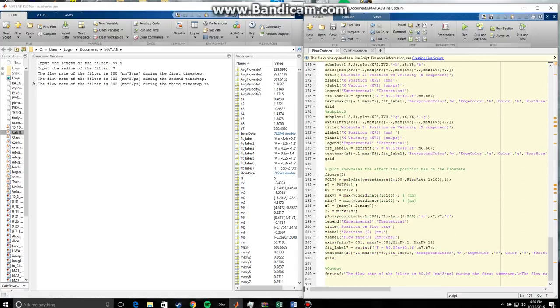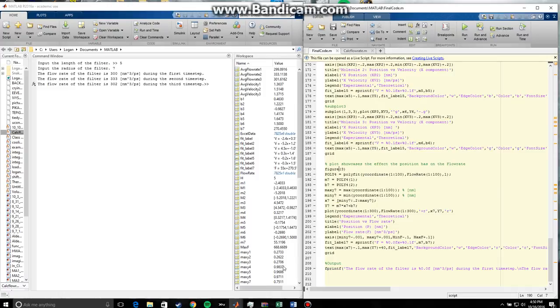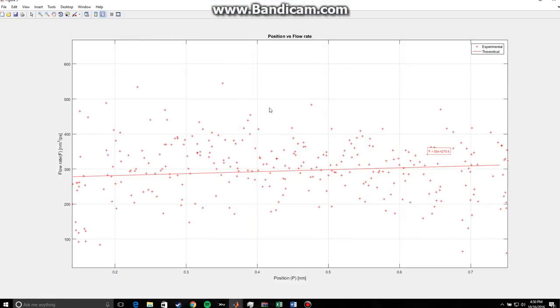And then lastly, we have figure 3. What is figure 3? We go down here and we can actually see the position versus the flow rate throughout the entire graph. Looking at this data without a trend line, I would not be able to figure out whether this was increasing or decreasing, and I could not decide on what the trend line would be. But thanks to MATLAB, we can utilize the polyfit function and actually see that there is a steady increase in the flow rate as the position increases.